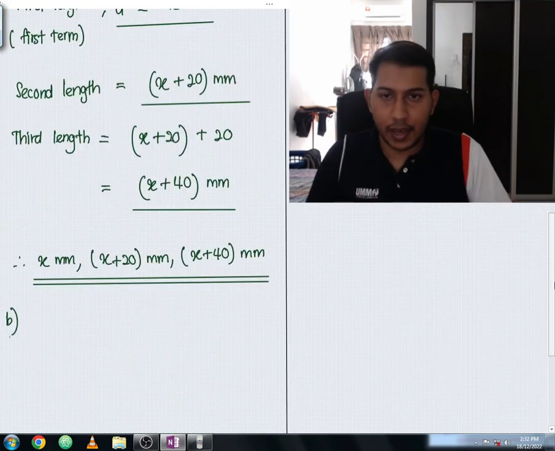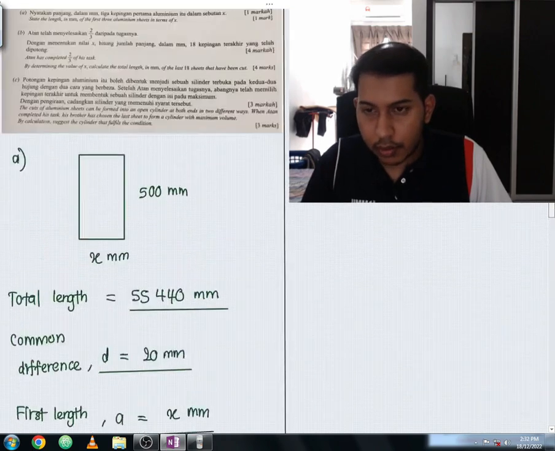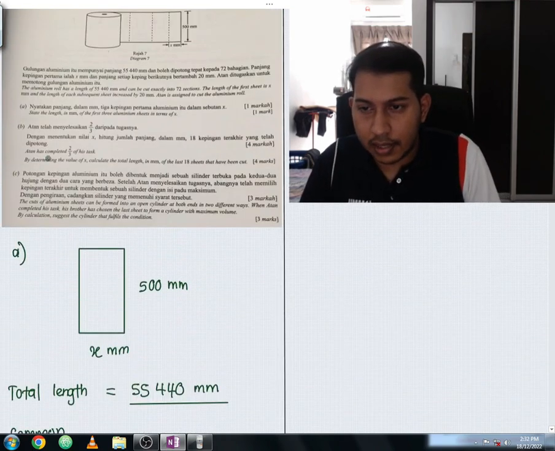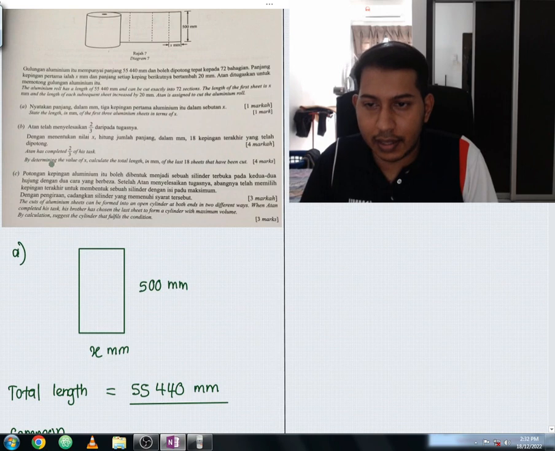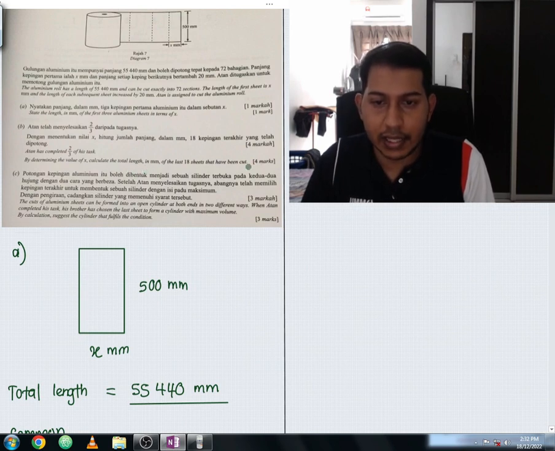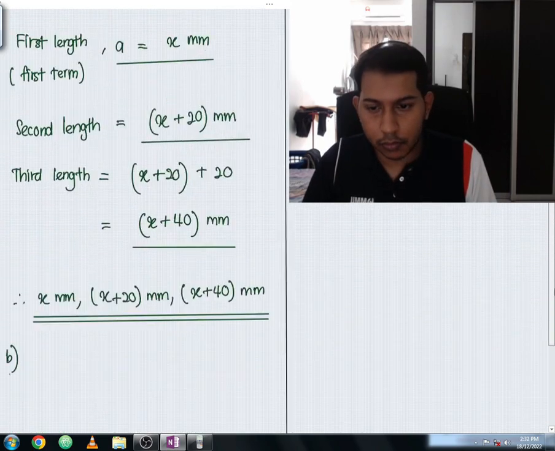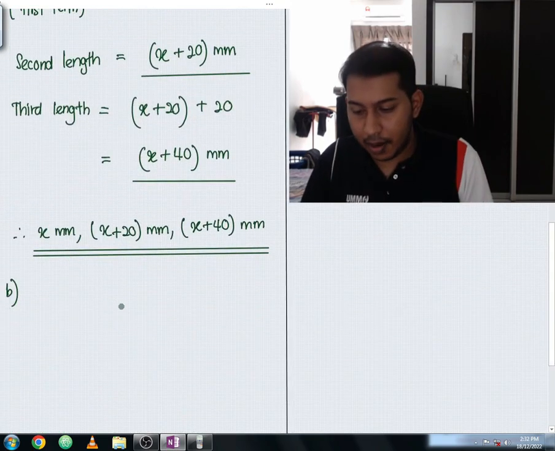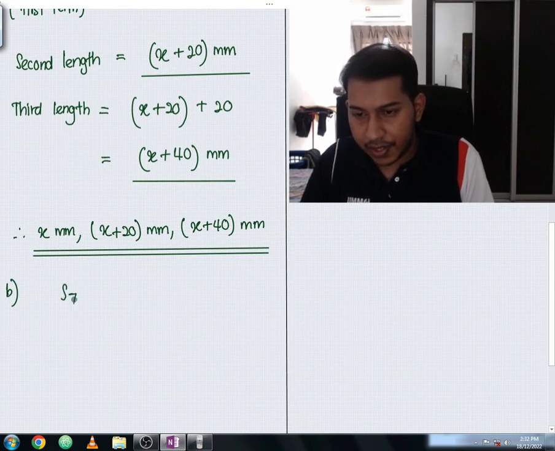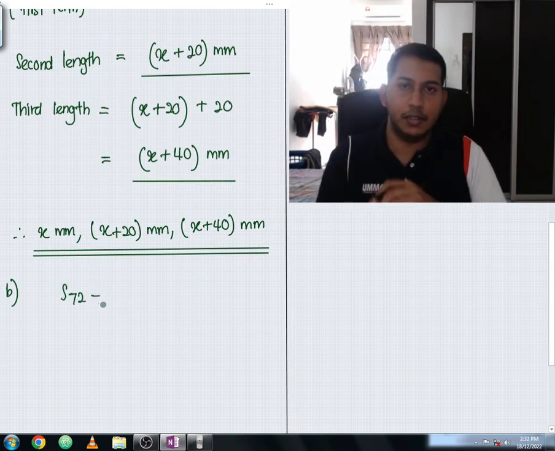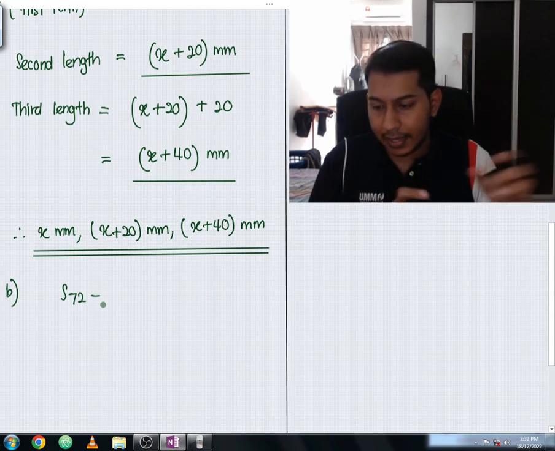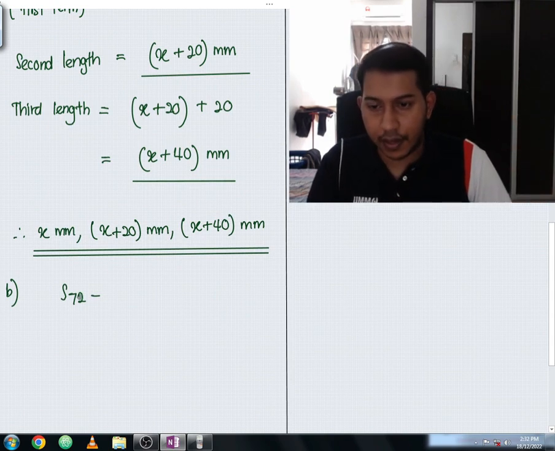Let's say for example, in this sentence they say that Atan has completed 2/3 of his task, and then by determining the value of x, and you read until here. They said calculate the total length of the last 18 sheets. Some of the students, you know what they will do? When they see this statement, they will just take S72 and then minus the last 18. Last 18 in this case will be S55.